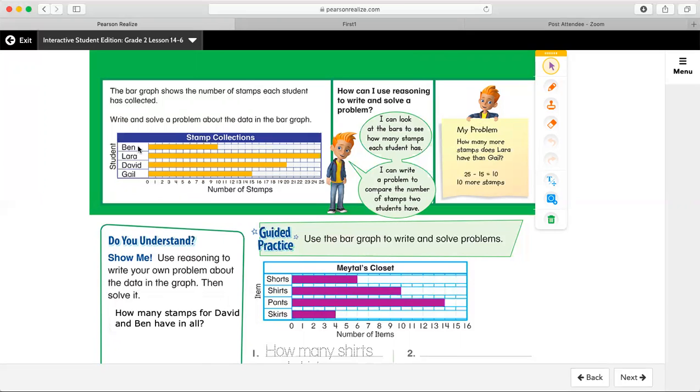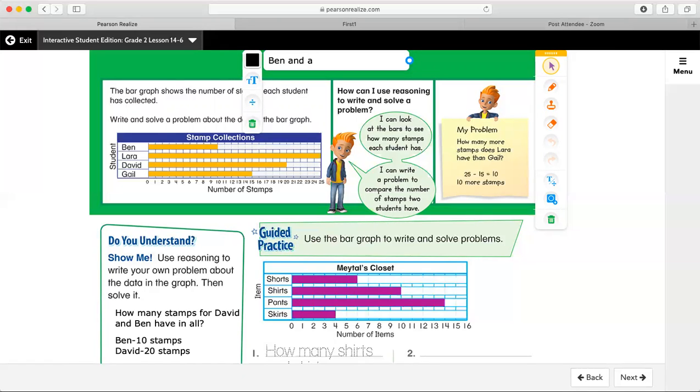And so I'm going to look here and I'm going to say that Ben has 10 stamps and David has 20 stamps. And so this one could pretty easily be solved in your head. We have 10 plus 20. So together they have 30 stamps in all.